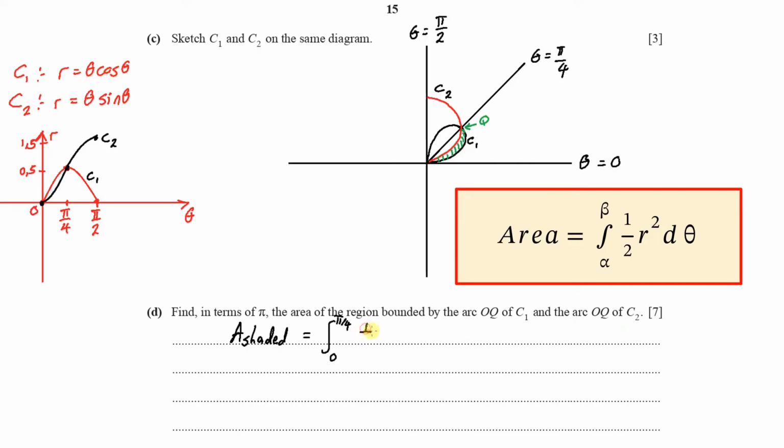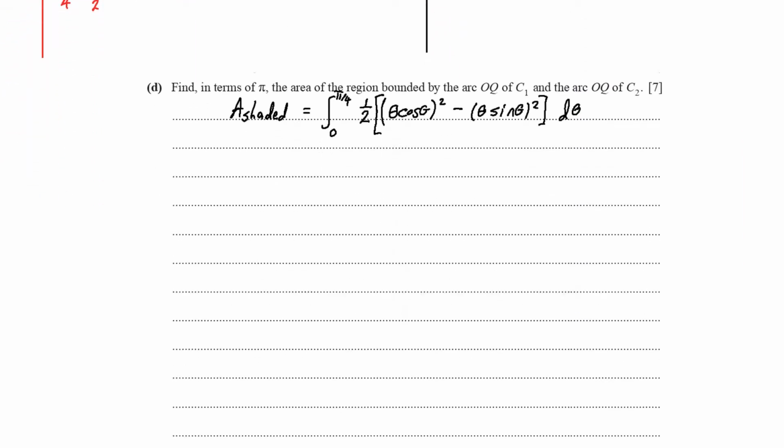So I'll have the half here and r squared will be theta cos theta all squared. So I'll have a square bracket here. And that's minus the graph of C2. So that will be theta sine theta squared. So I've just put it all in one. So this is what is going to help us to find the shaded area.